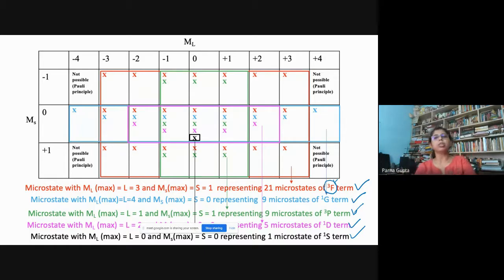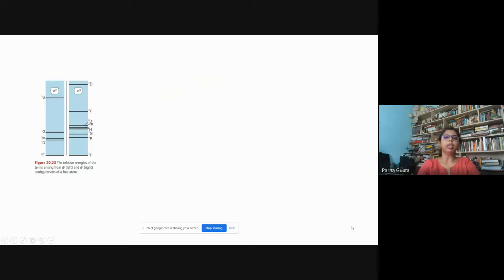And what happens when the ligand comes, this again becomes very different from the term that we consider from the free ion along with this ligand field. So this is actually arising from the configuration of these free ions.